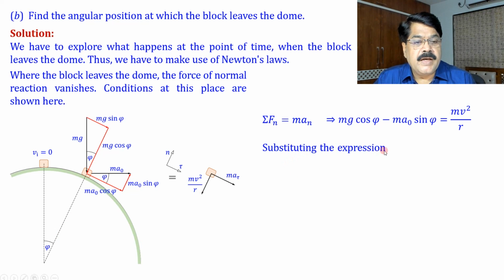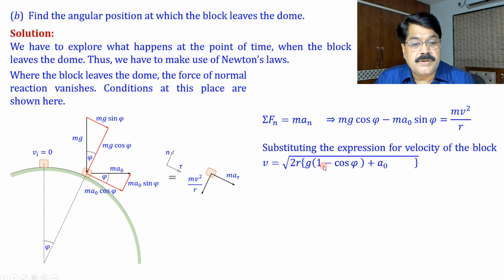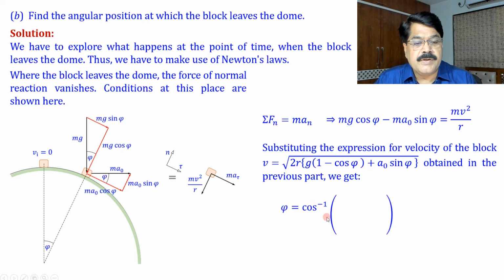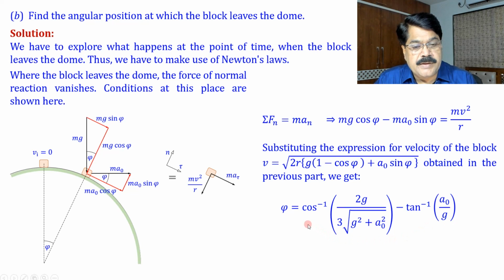Substituting the expression for velocity of the block, v is equal to square root of 2rg(1 minus cos phi) plus a naught sin phi, obtained in the previous part, and after some manipulation, what we get is phi is equal to cos inverse of 2g upon 3 times square root of g square plus a naught square, minus tan inverse of a naught by g. So this is the angular position phi at which the block will leave the dome if the dome is accelerating with constant acceleration a naught.